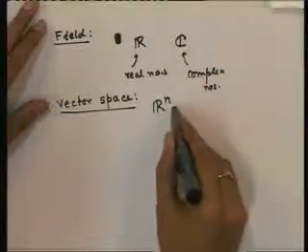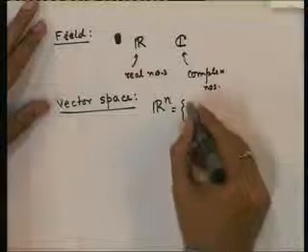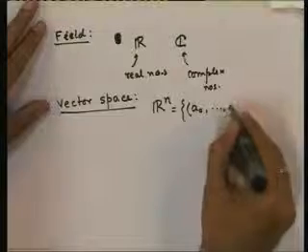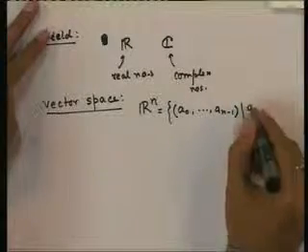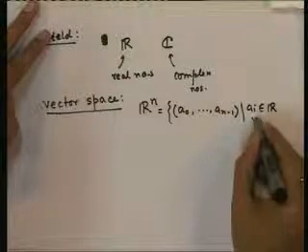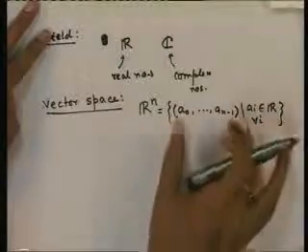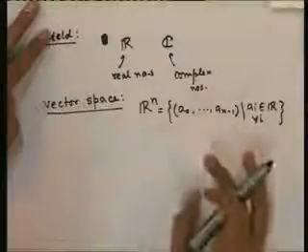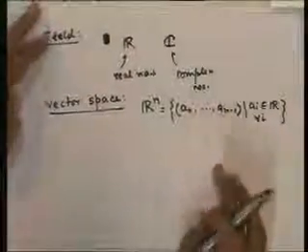What is R^n? It is basically the set of all n-tuples of real numbers. So the set of all n-tuples like (a0, ..., a_{n-1}) such that each ai is in R, that is, real numbers for all i. Take all such n-tuples, and that set is called R power n.